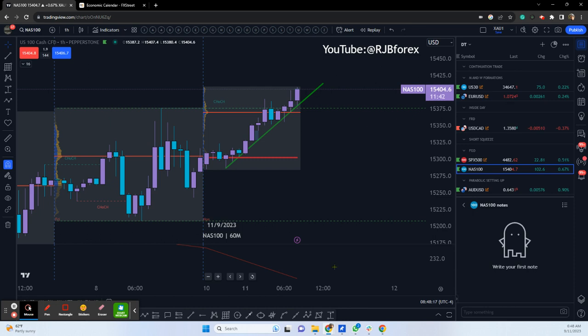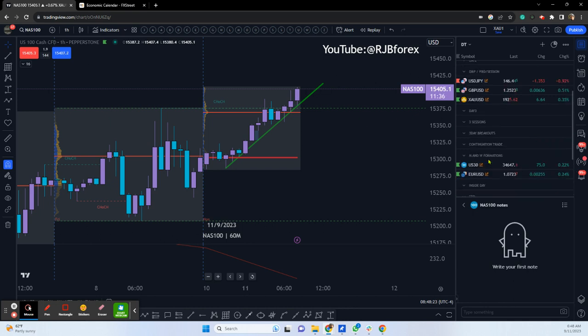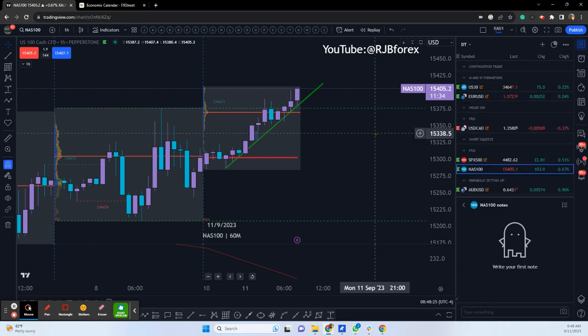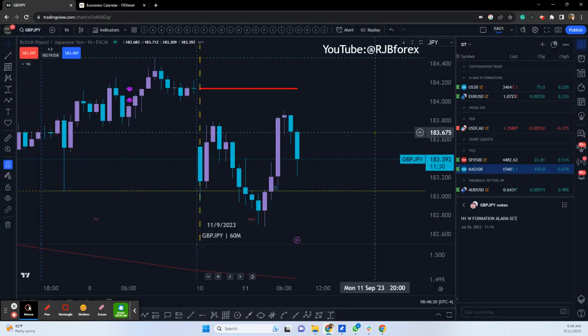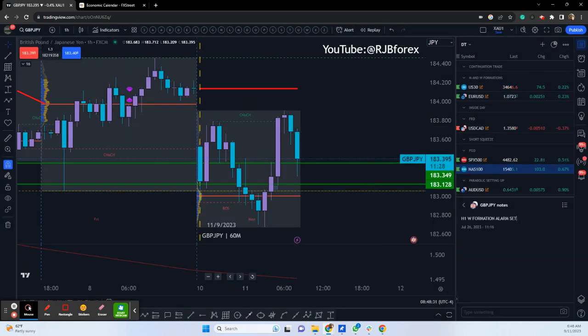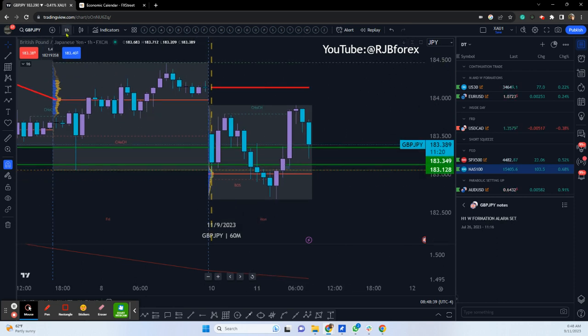All right, so now being asked some questions here. So we've pretty much gone through all the pairs here. I think it would also be worth looking at yen crosses just quickly. Sterling yen up high, selling off.